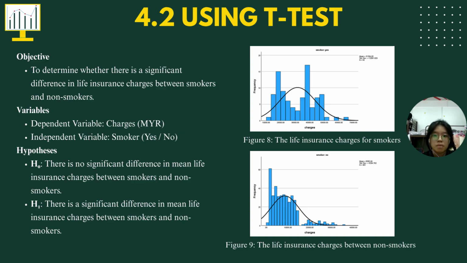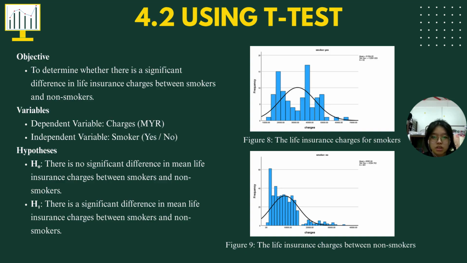Therefore, the independent sample t-test is appropriate because it is used to compare the mean values between two independent groups. The null hypothesis states that there is no significant difference in mean life insurance charges between smokers and non-smokers. The alternative hypothesis states that there is a significant difference in mean life insurance charges between smokers and non-smokers.